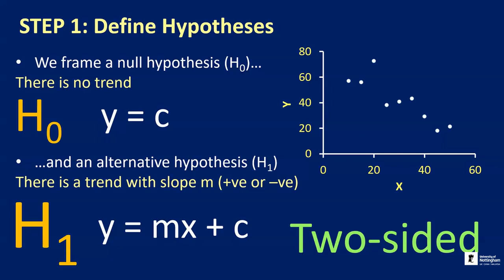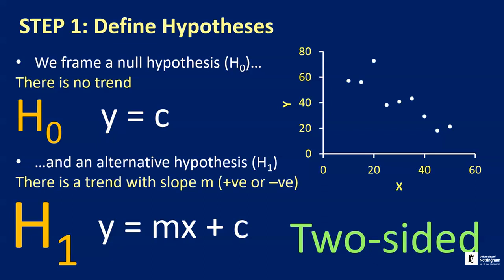So the null hypothesis is the one that says nothing interesting is going on. So for this scenario where we're looking for a trend between 2 variables, I'm going to imagine that we have a 2-sided null hypothesis which says that there is no relationship between x and y, between the 2 variables that we've measured.